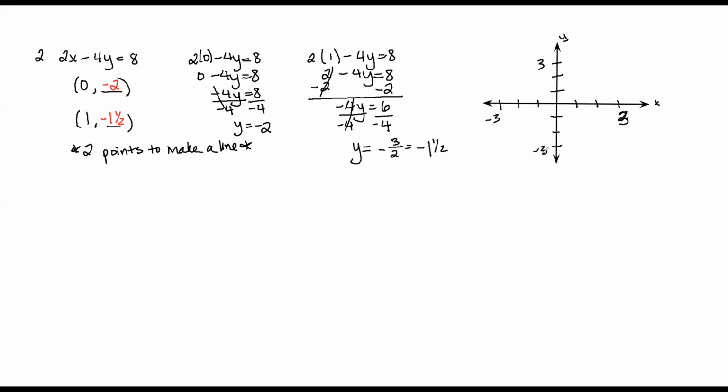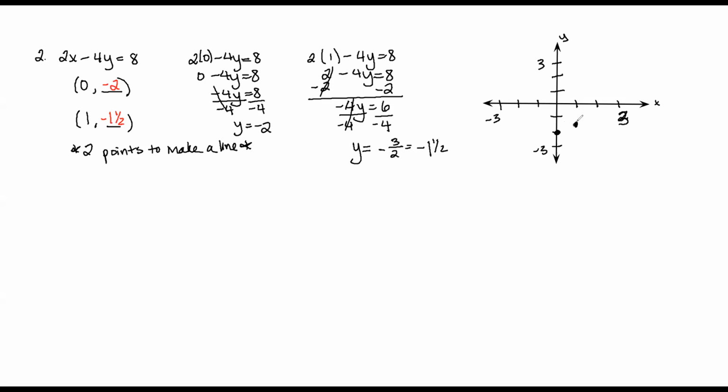And now if we go ahead and graph, 0, negative 2, left to right 0, down 2. And then 1, negative 1.5 means right 1, down 1.5.